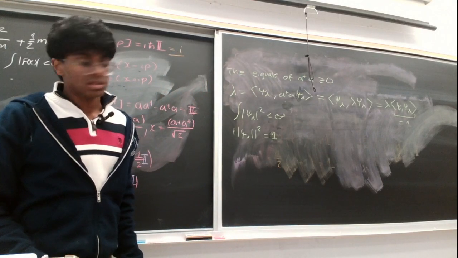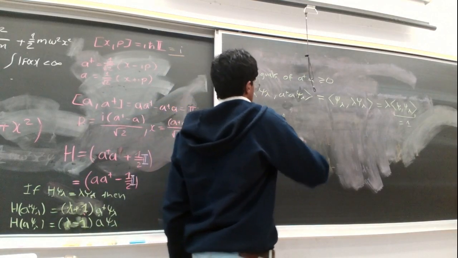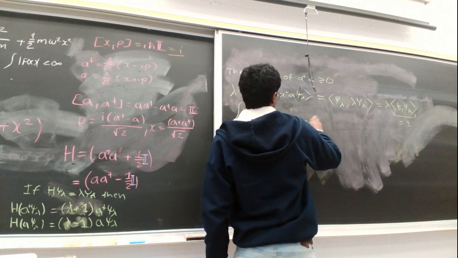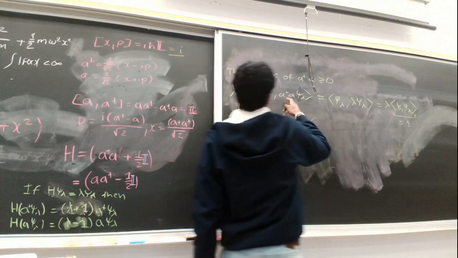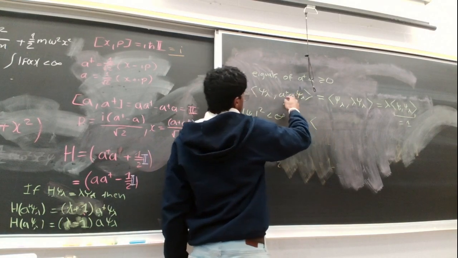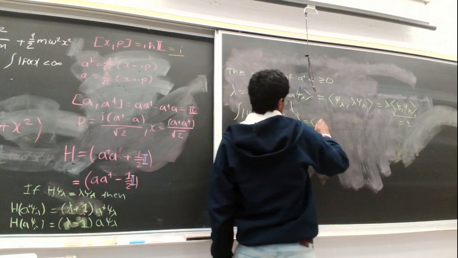Have we shown it's positive? No. But that's on the one hand. On the other hand, you do the thing you were going to do. Then we can show that this has to be greater than or equal to 0, which is what we want, because this is the adjoint of that, so you can just move it and take the adjoint, which is a.